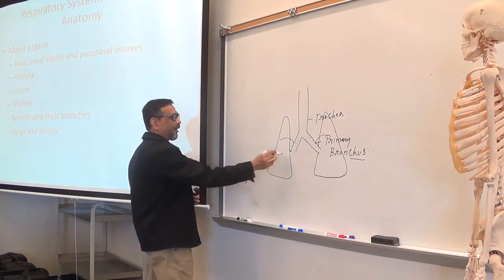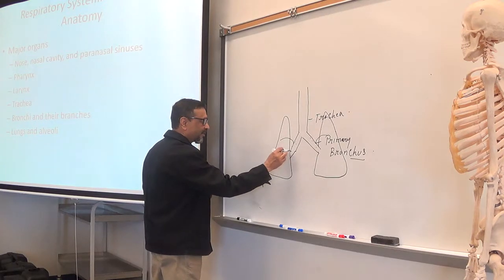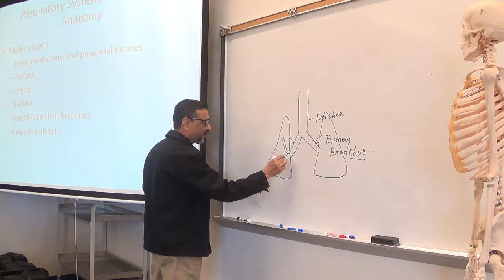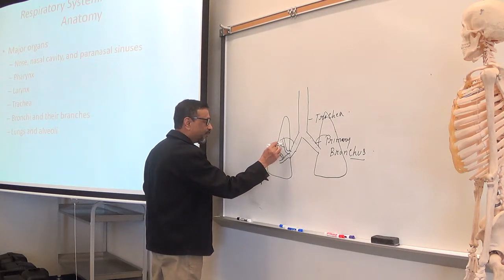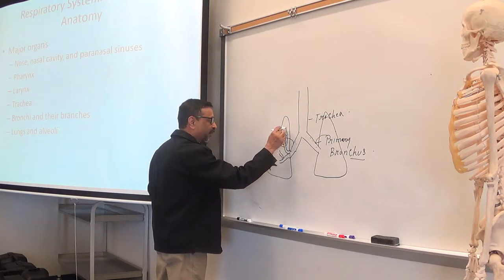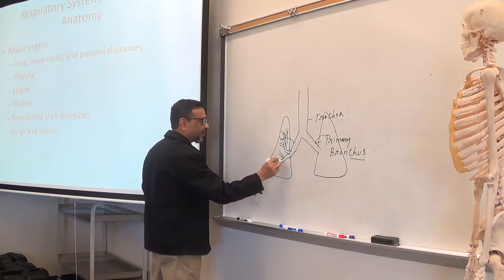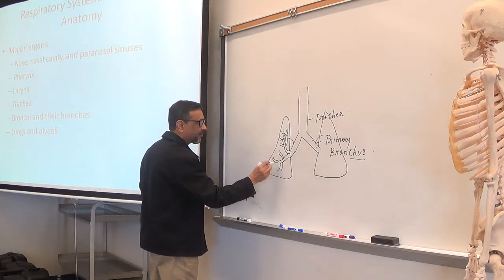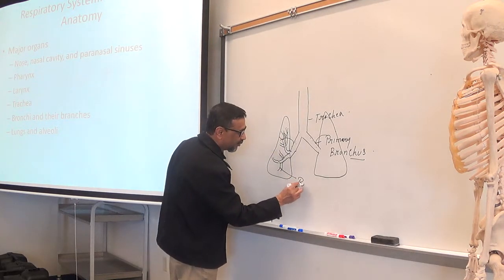Okay, and inside the lung, what happens? They branch again and again, like the branches of the trees. Many branches, larger branches give smaller branches, and like that. Called the bronchial tree. Makes sense?